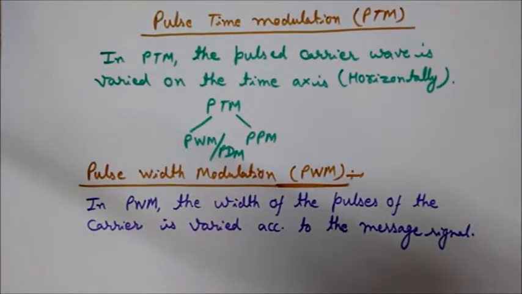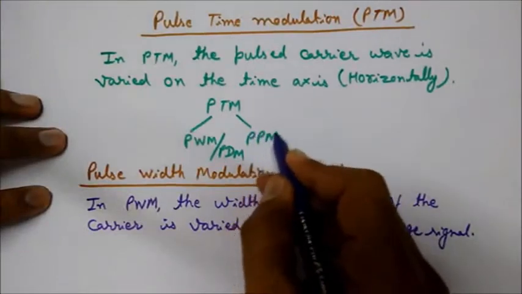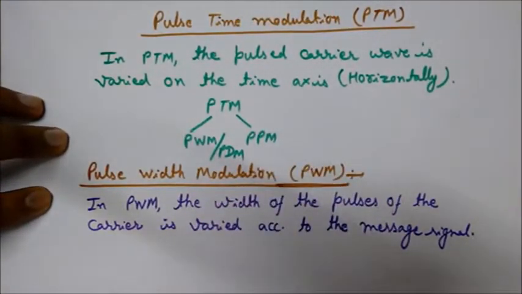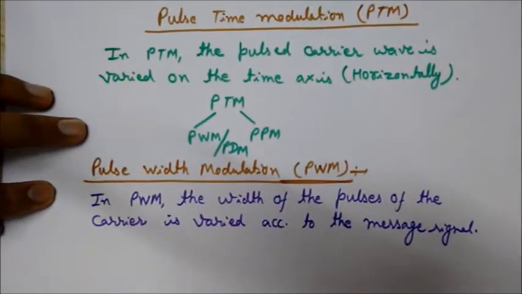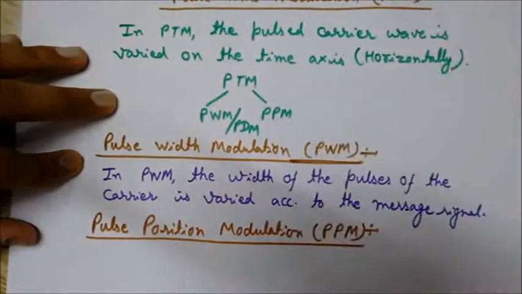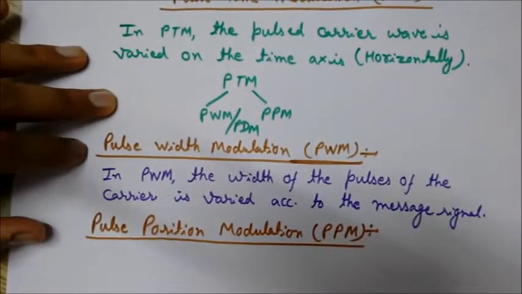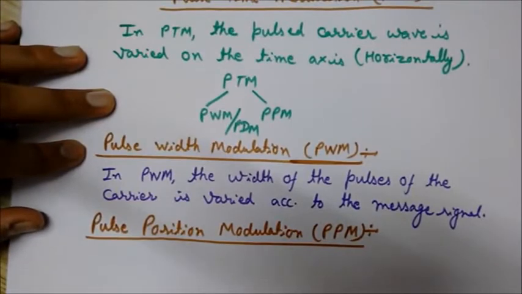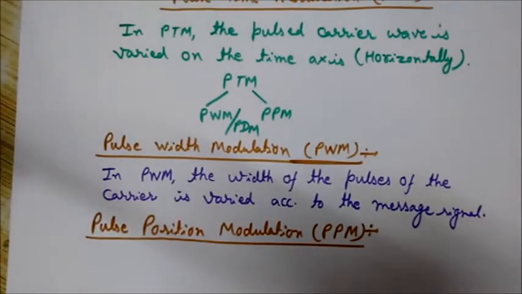Now we will understand the definition of the next type, pulse position modulation, PPM. So let's define this. What is pulse position modulation? In pulse position modulation, the position of the pulsed carrier wave is varied according to the message signal's value.